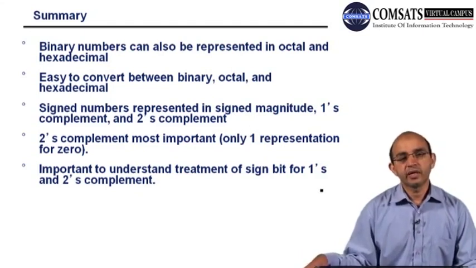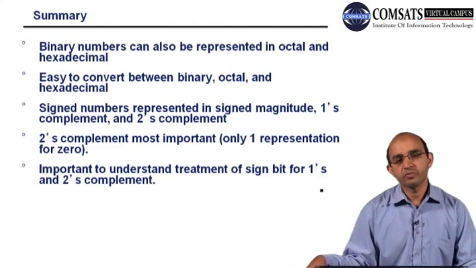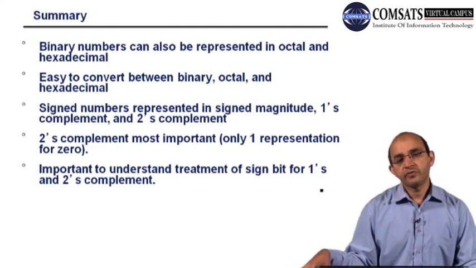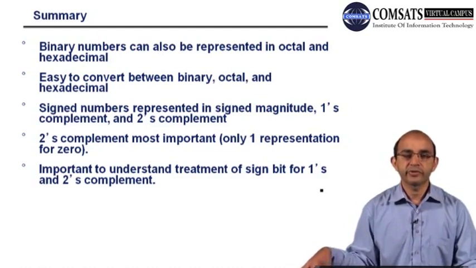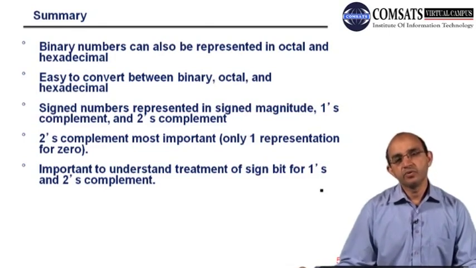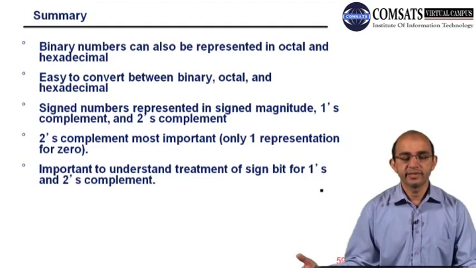So in effect we have to perform the subtraction. But we take the twos complement of the second number, B, that is negative. Now instead of taking the difference, we will be adding the two numbers.